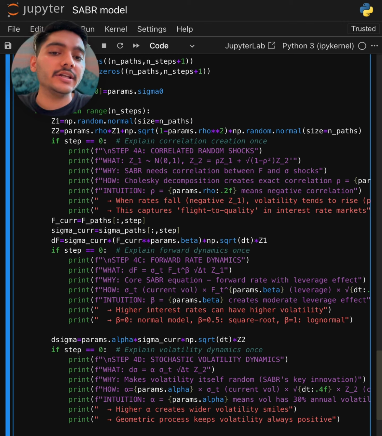The next step, 4e, will be the state update with positivity constraints. Interest rates and volatilities must remain positive, and using the max function to enforce minimum values prevents mathematical artifacts from negative values. So we'll be using that.